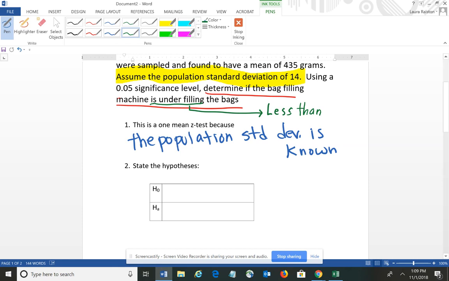So I'm going to make a little note out here to the side that the alternative hypothesis is the one that's given. And we're saying that the mean is less than the setting on the machine, which is 438 grams. The null hypothesis will be opposite of that. So it would be the mean is greater than or equal to 438.